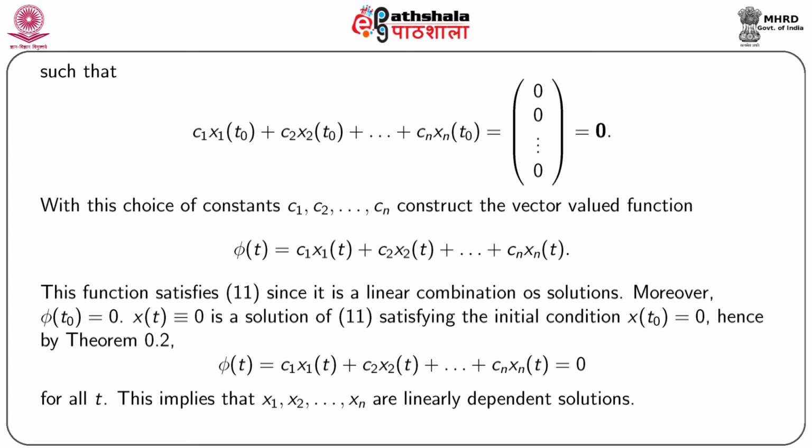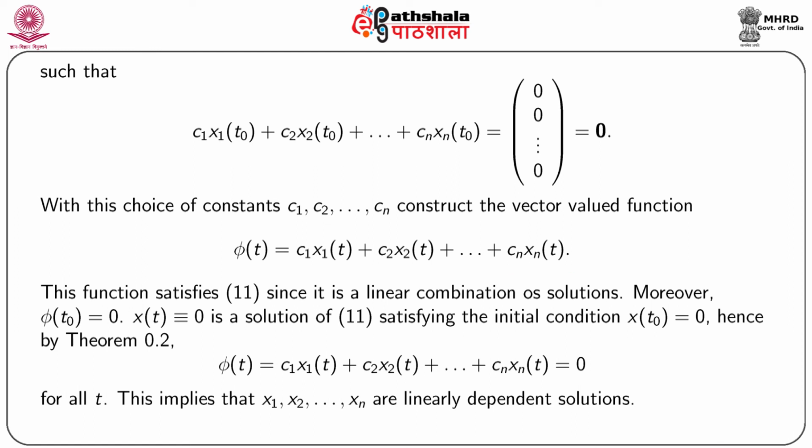With this choice of constants, we construct the vector valued function phi(t) = C1 x1(t) + C2 x2(t) + ... + Cn xn(t).